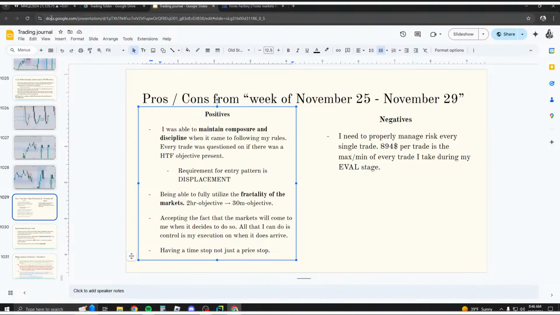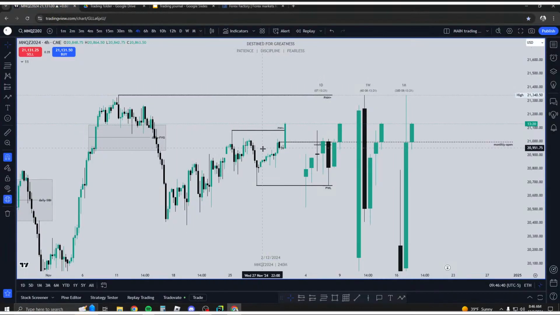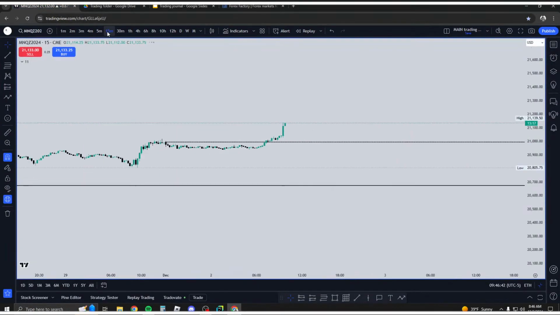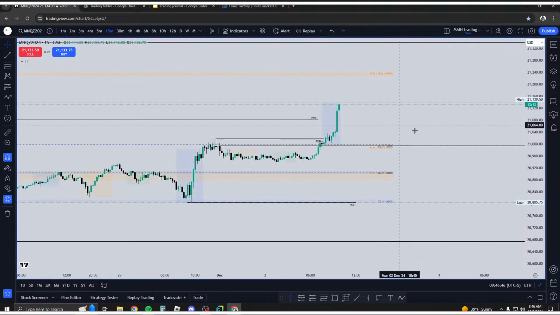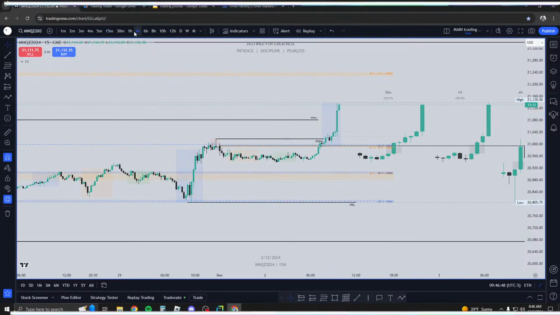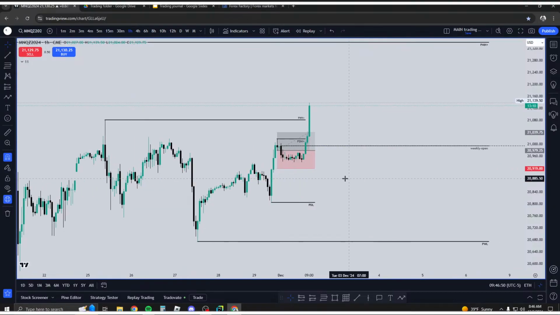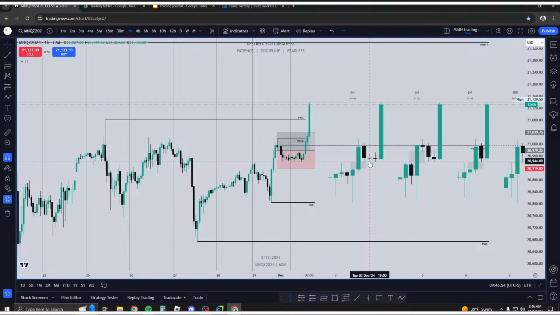And usually, if you guys have been with me for a while now, you will have seen that I tend to take my models on the 15-minute time frame. It's rare for me to take a model on the daily time frame or anything higher than the 4-hour time frame, because I'm mainly an intraday trader. I'm not really a swing trader.